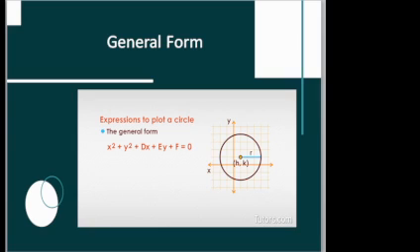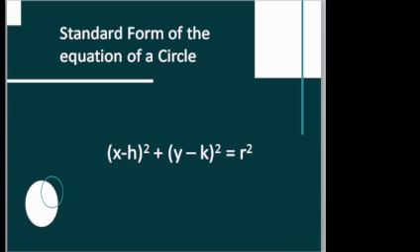Now we have also the standard form of the equation of a circle. And this is the formula: (x minus h) squared plus (y minus k) squared equals r squared.